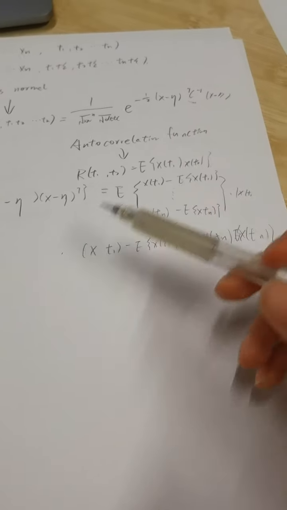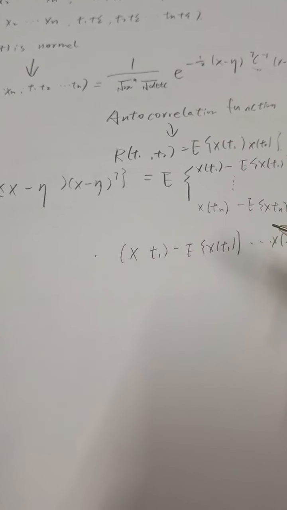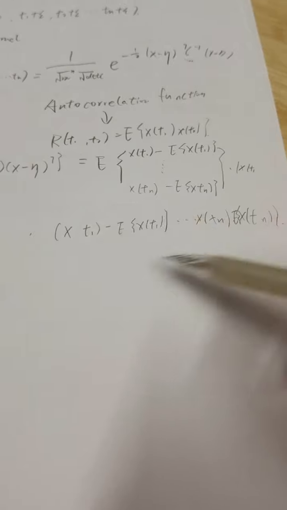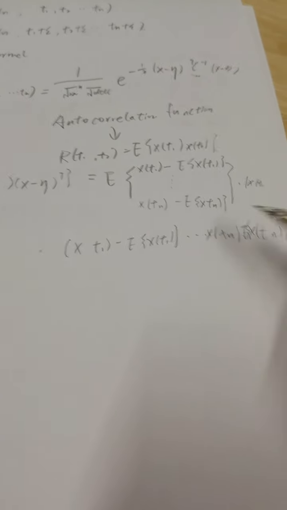So this is a matrix. We can write it out as the product of these two parts, which is equal to a matrix.